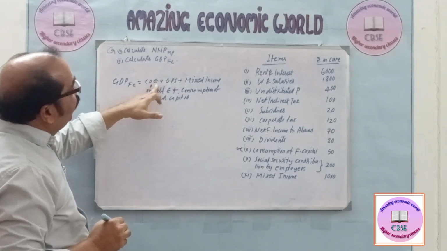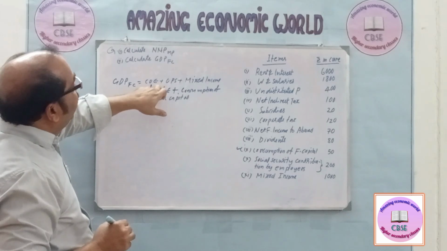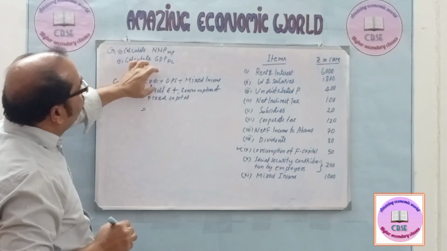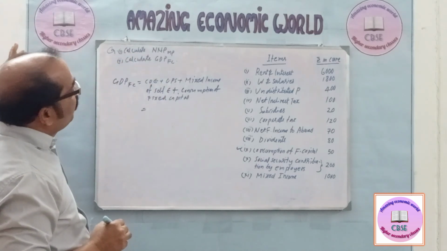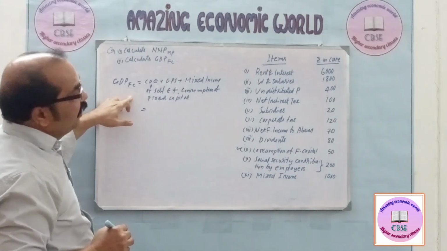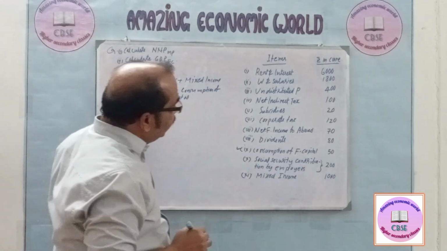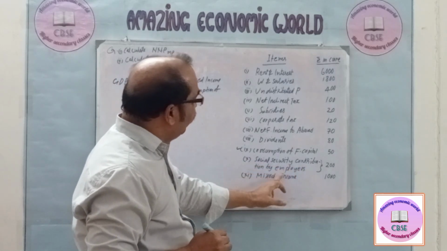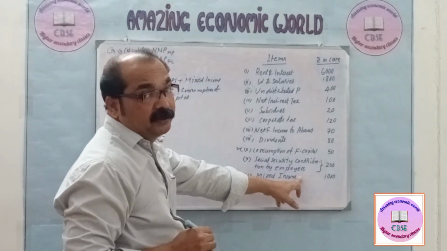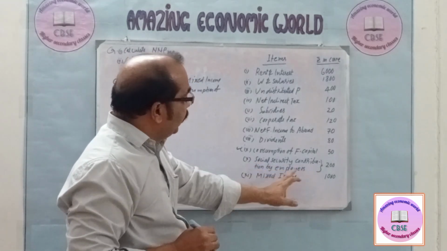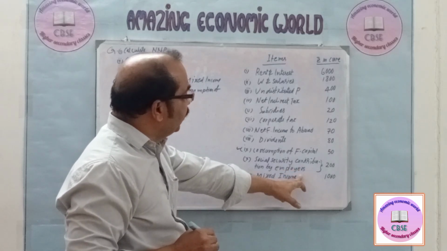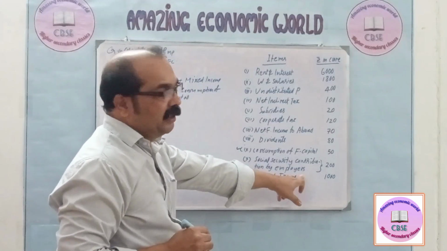Compensation of employees. What are the items that come in compensation of employees? That is wages and salaries. Then social security contribution by employers, not employees. If it is given as by employees, we don't consider that item.